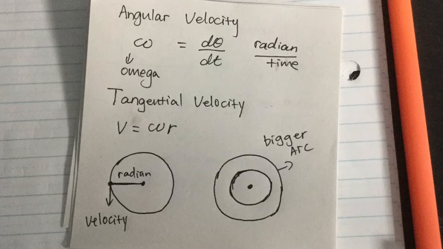That is just for one point on the circle and the velocity of this point. But we also have tangential velocity, which is the velocity at this point, perpendicular to the radius.